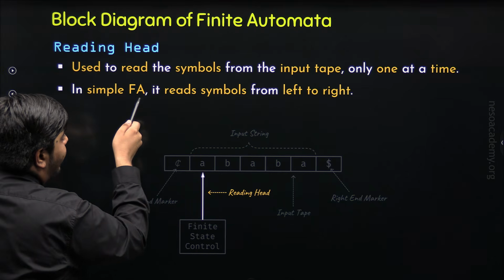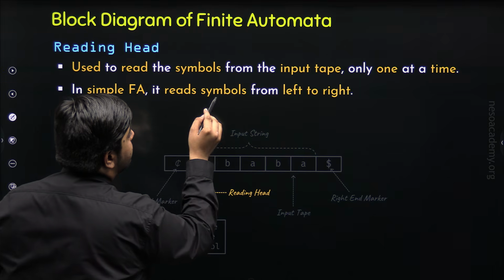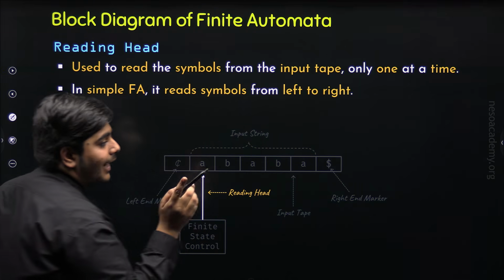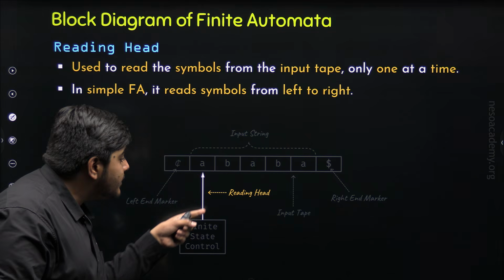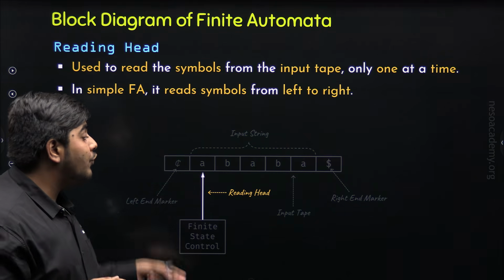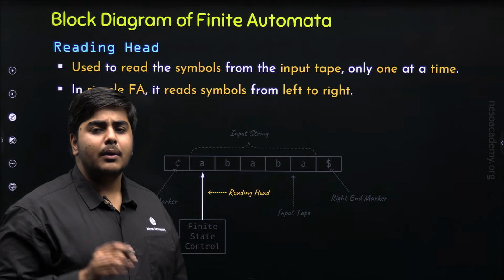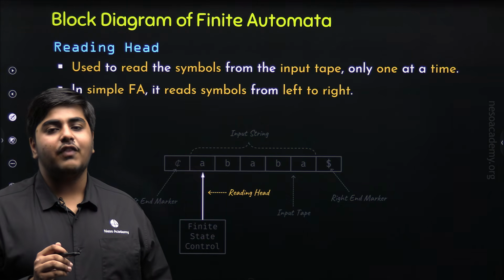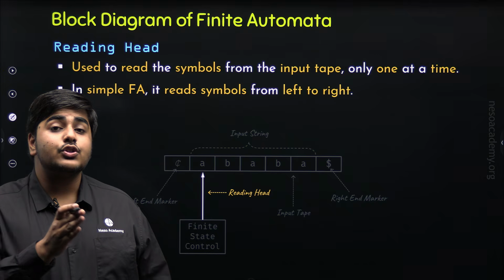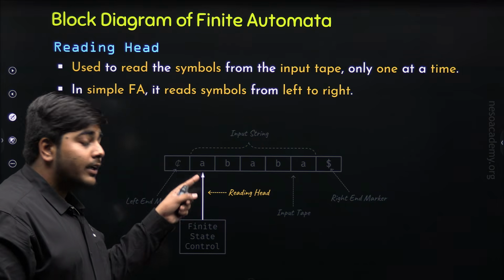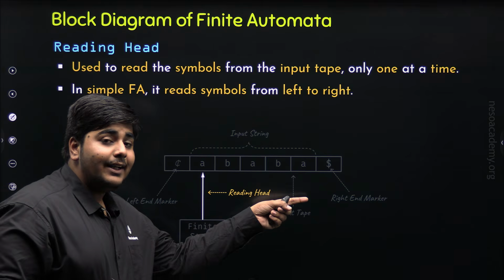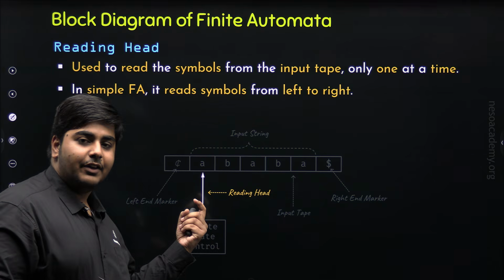In simple finite automata, it reads symbols from left to right. That means, in a simple or a standard finite automata, this reading head can only move from left to right. But there are some special finite automata called as two-way finite automata, in which this reading head can move from left to right as well as from right to left.